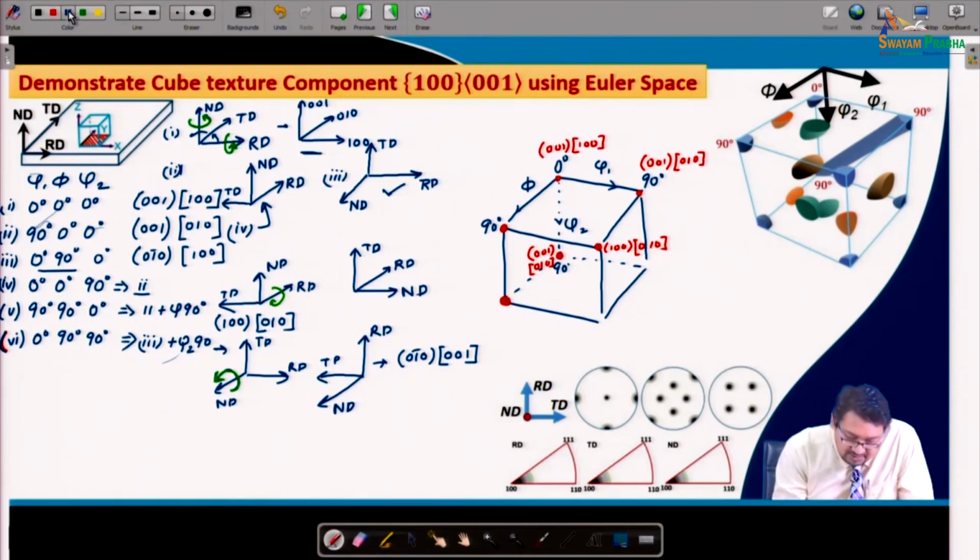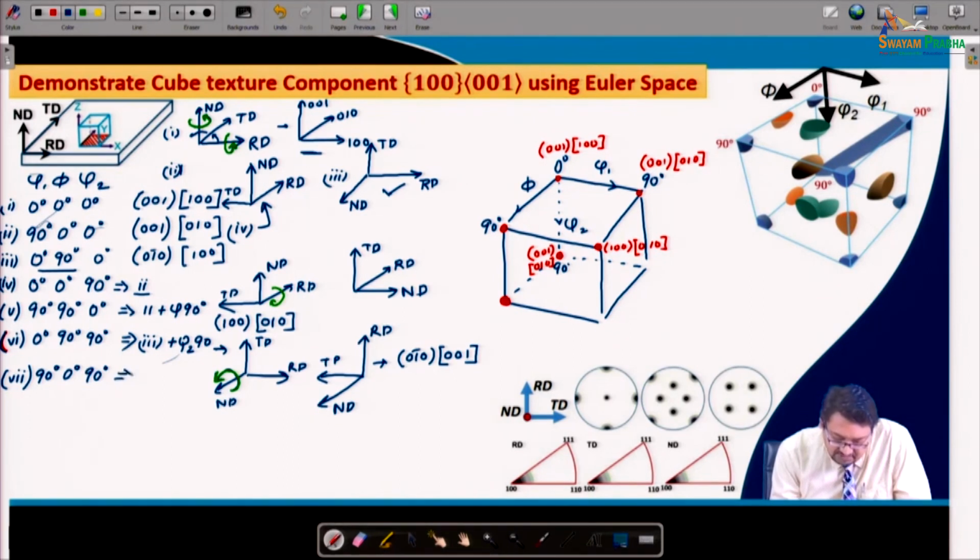Like that, if we go ahead and do the seventh one, that is 90 degree at phi 1, 0 degree at phi and then again 90 degree at phi 2, then we have to take the 2 and then rotate by phi 2 at 90 degrees. So, if we take the 2 1, then this is like this, and then you see this is the second one.